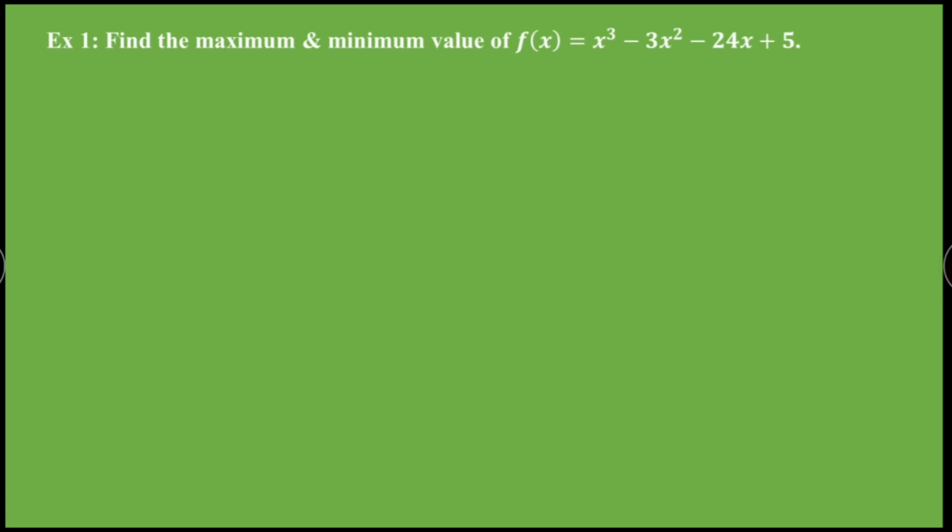So see how to solve the problem to find the maximum and minimum value of the given function. So see here, in the solution first we write the given function: f(x) equals x cube minus 3x square minus 24x plus 5, and we denote this f(x) as equation number 1.